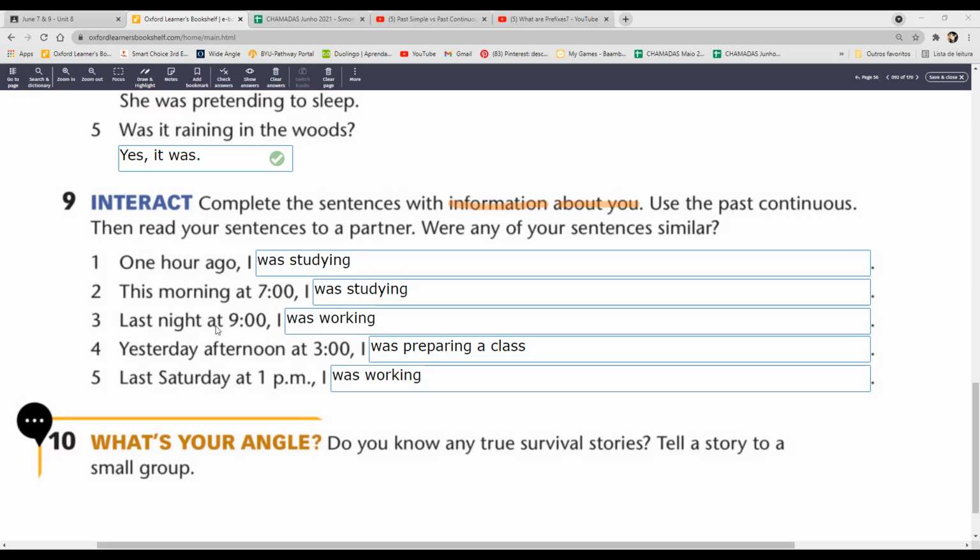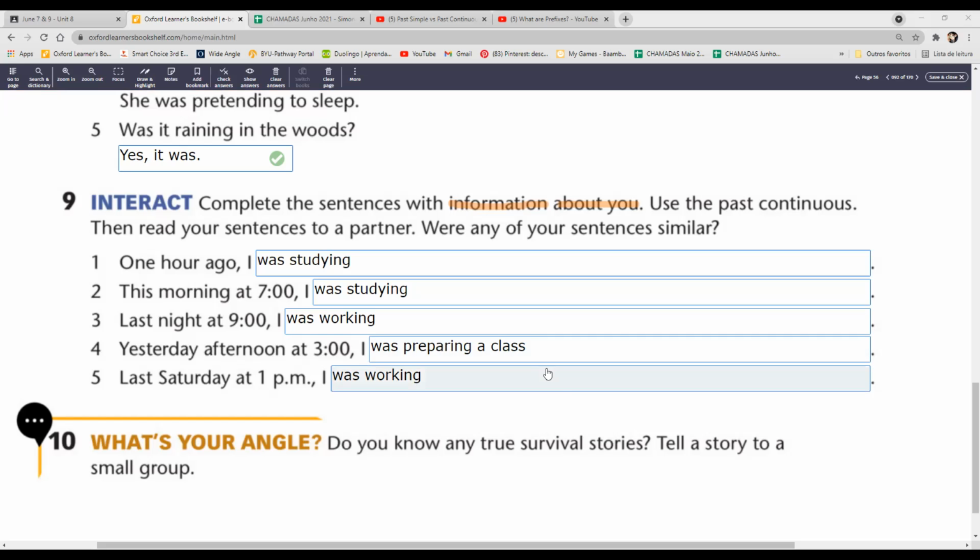Number 3, last night at 9 o'clock, what were you doing? I don't remember. Were you watching TV? I was taking a bath. Taking a bath. Okay, good. All right. And what about yesterday afternoon, guys, at 3 o'clock?